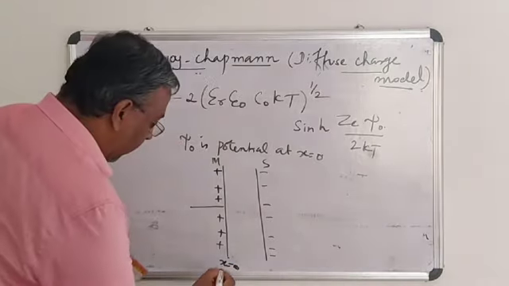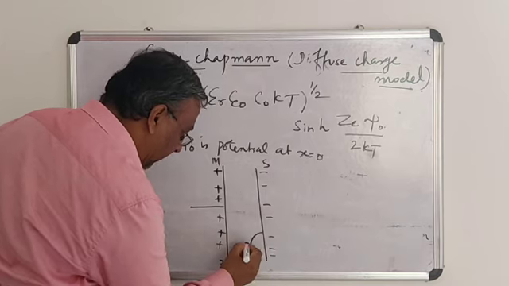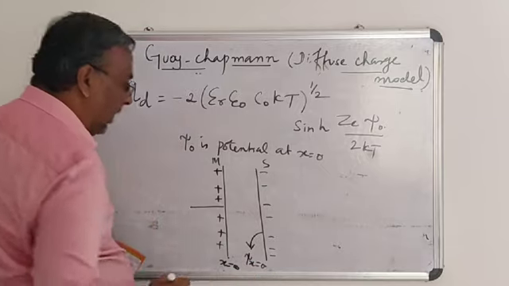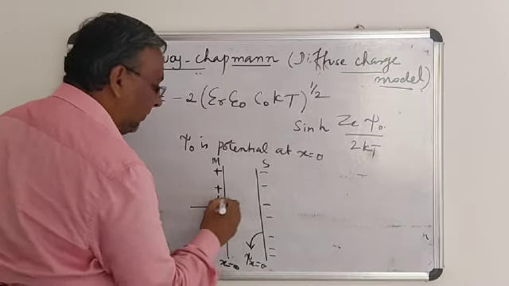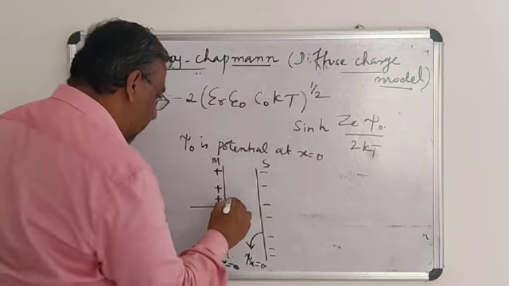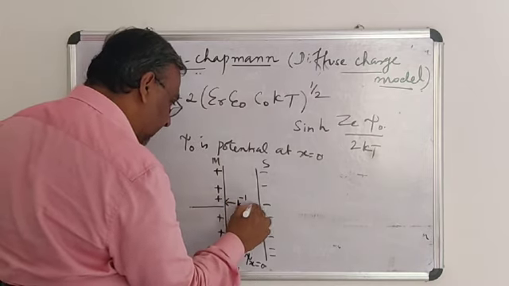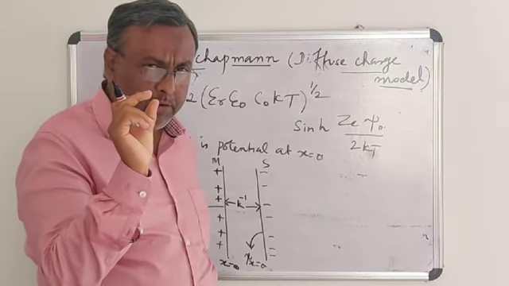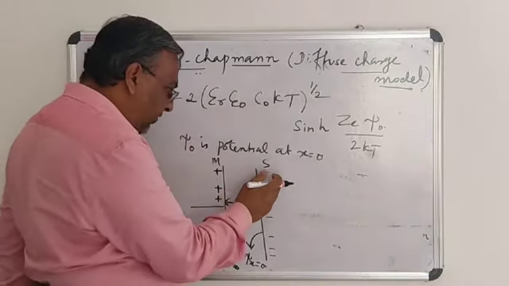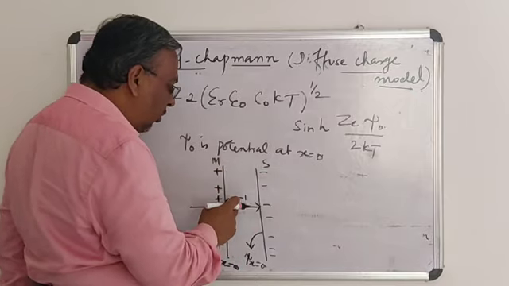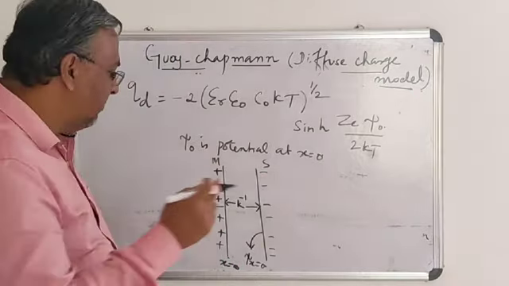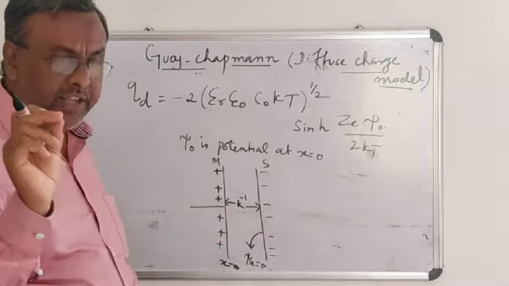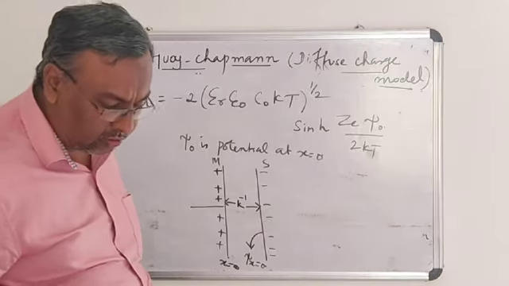Here, when x is equal to 0, the potential at the diffused state will be psi 0. And this distance is K inverse, the very small, minute distance between the diffused layer and the metal electrode. This is the potential of the diffused layer at x equal to 0.